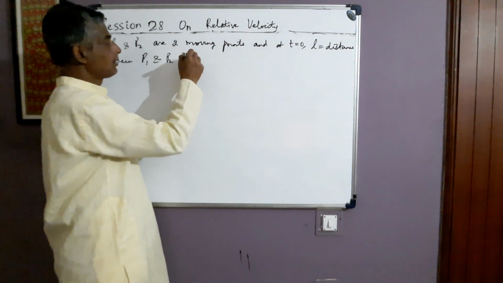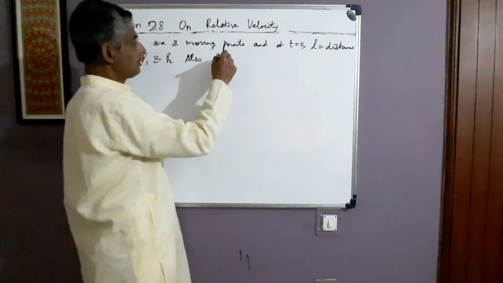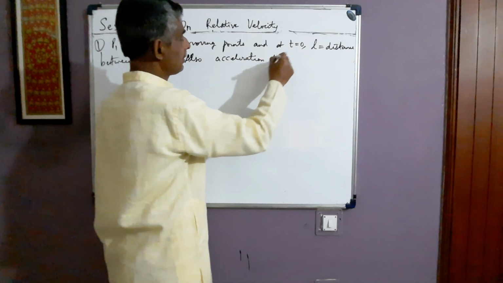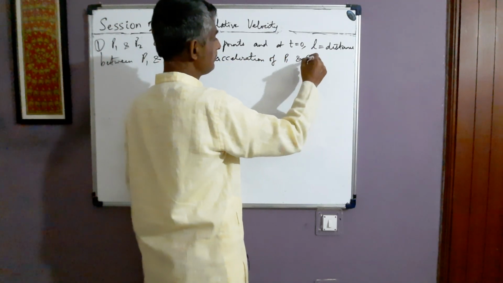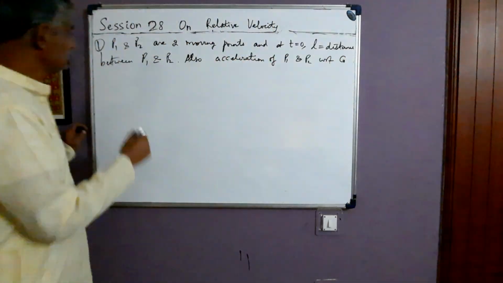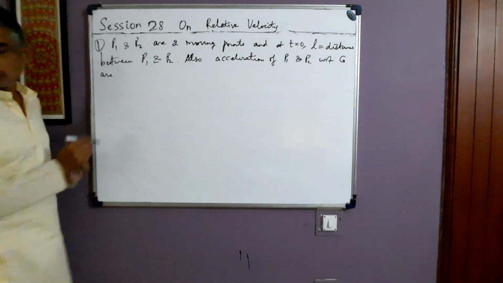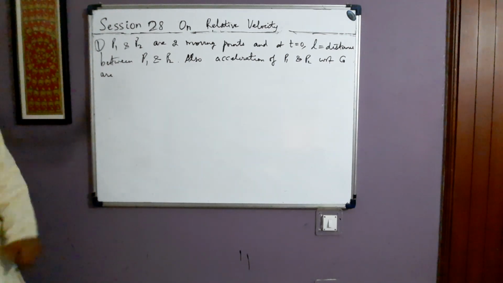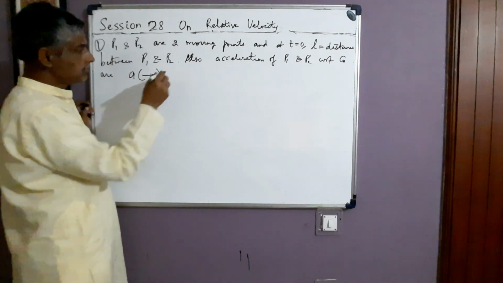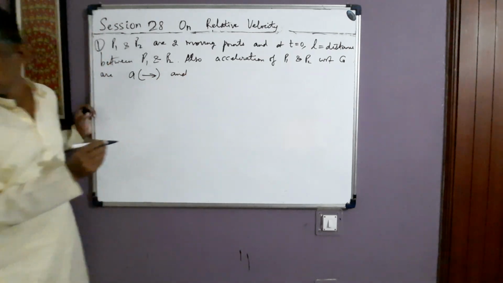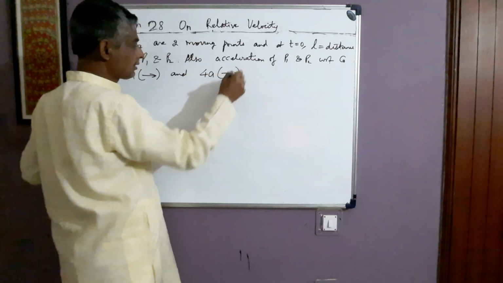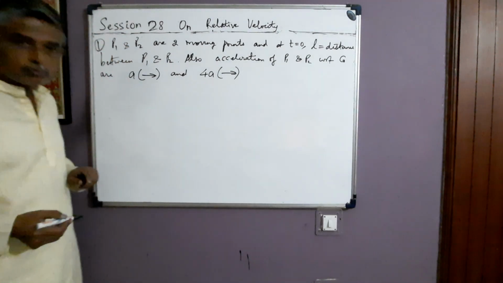Also, the acceleration of P1 and P2 with respect to G, meaning the ground frame, are equal to A rightward and 4A rightward, where A is a positive constant.